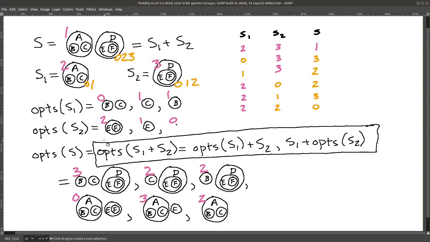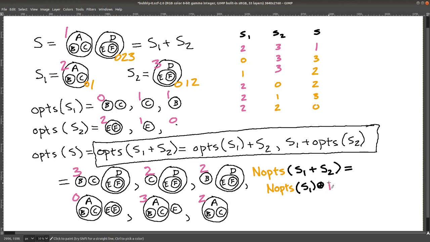All right, so let's just take n of both sides of this equation in order to see the same thing in terms of the formula. So n of the left side is just this value, which is what we're trying to find. If we take n of the right side, then we have n of ops S1 plus S2, and by the Sprague-Grundy Theorem, that's n of ops S1 XOR n of S2. Okay, so that's just n of this value here.